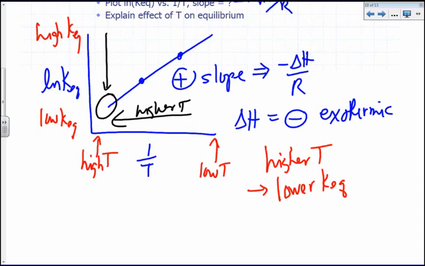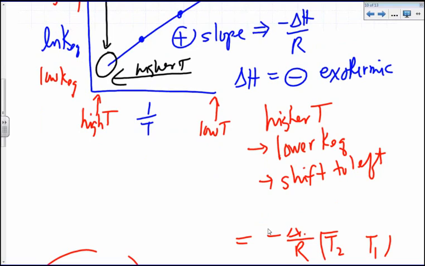So if you have a reaction that's already at equilibrium, Q equals KEQ. By changing the temperature, you're lowering the KEQ. Q will have to follow to reestablish the equilibrium. So if you lower your KEQ, there's going to be a shift to the left.